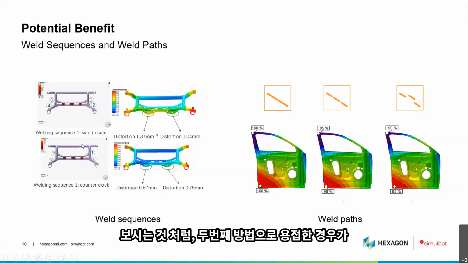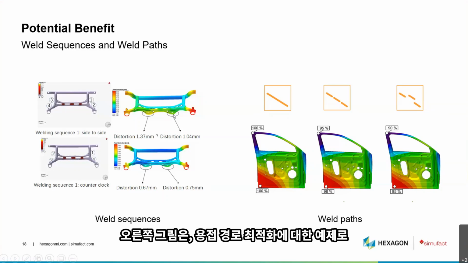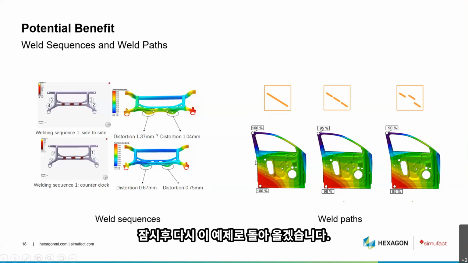And you see here that the second possibility in that case leads to a significant reduction of the distortion of the part, of the component, at particular critical points. Where is it measured? On the right side, you see an example for optimizing welding paths. I will get back to that example a little later.